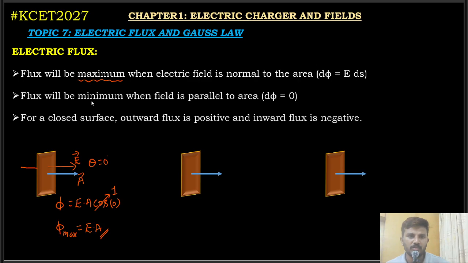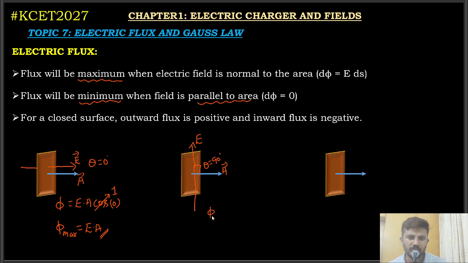So when do you say flux is minimum? Flux will be minimum when electric field is parallel to area. So when electric field is parallel to area, the angle between area vector and electric field will be 90 degree.